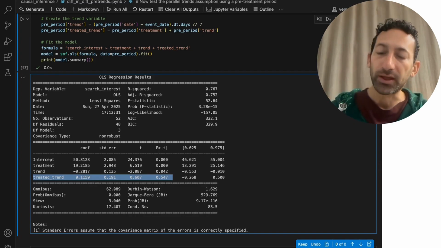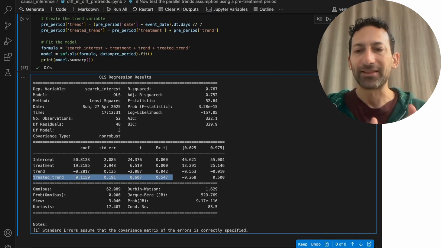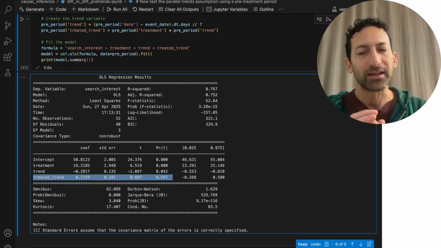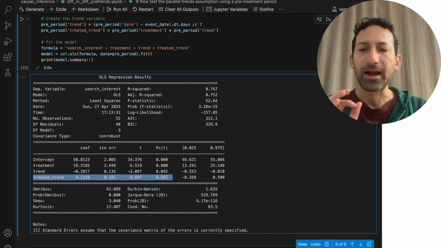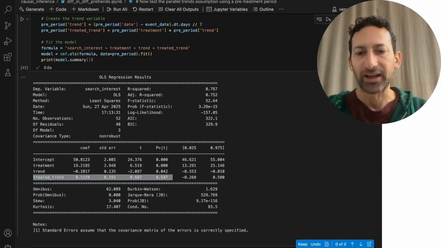Now, the important thing here is that just because it's not statistically significant does not mean that there is no difference in the trend, right? It just means it's not statistically significantly different than zero. At least, though, it's helpful to suggest that they're not clearly deviating.